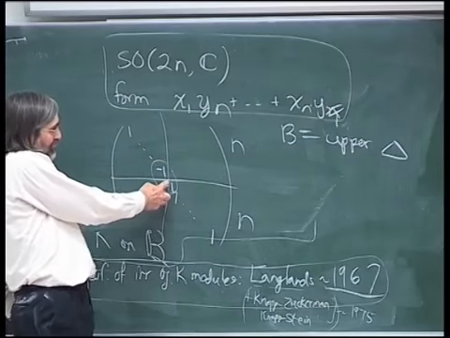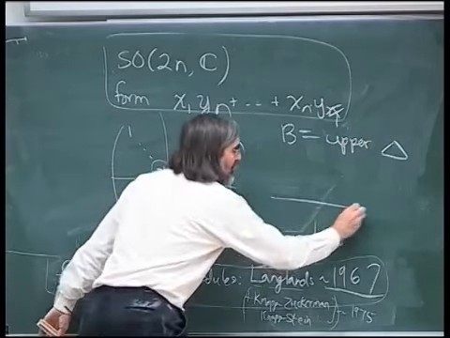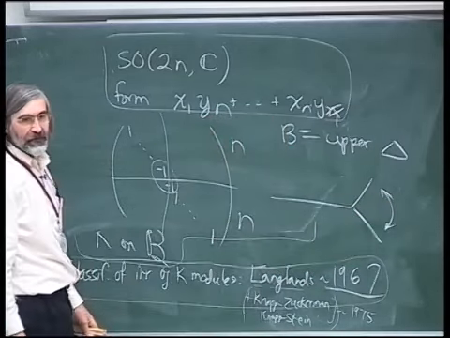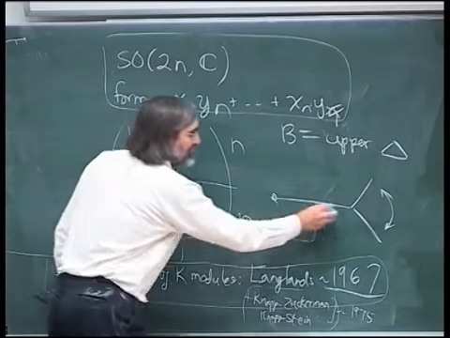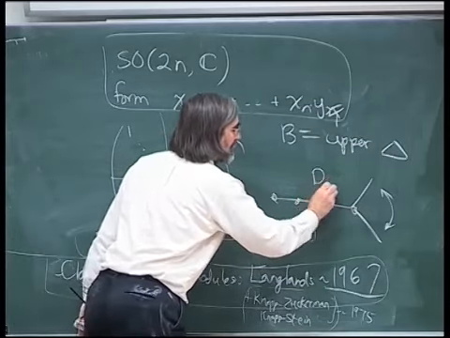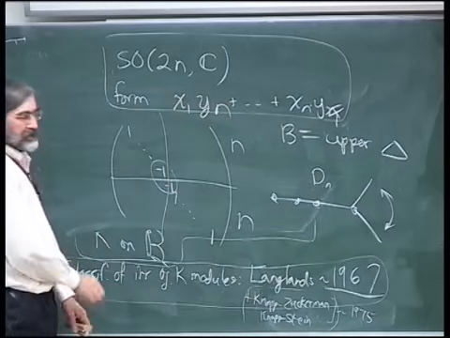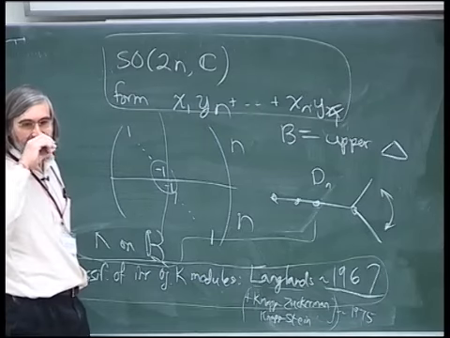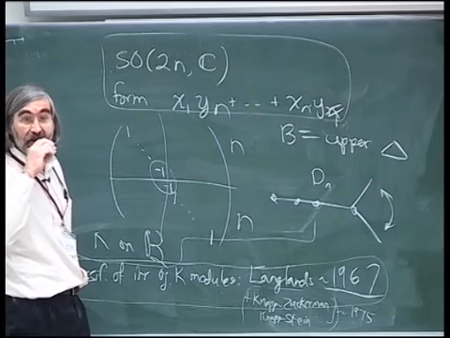But this automorphism, which corresponds to interchanging the last two roots of the Dynkin diagram of Dn, is an example. Sorry?